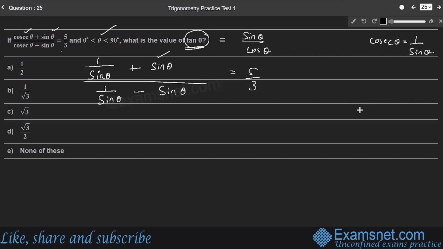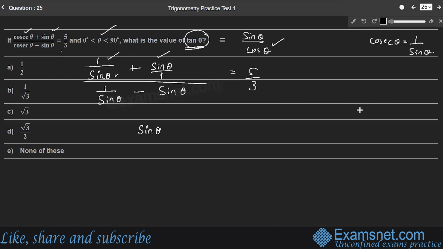So 1 minus sine square theta is cos square theta, we all know that. Therefore, we can express the given equation in terms of sine and cos. So in the numerator of the LHS part, we have sine theta in the denominator and we have 1 in the numerator. So we'll take the LCM.